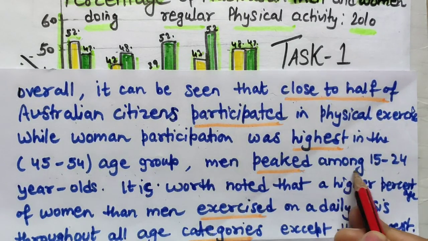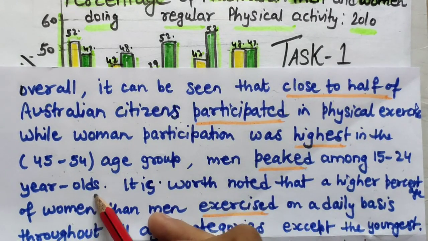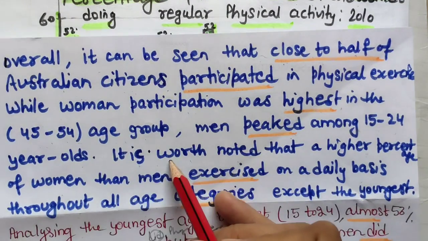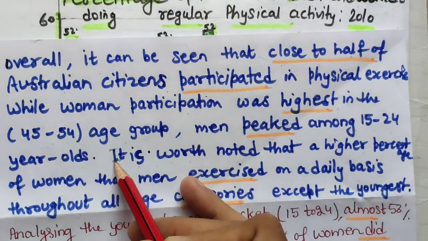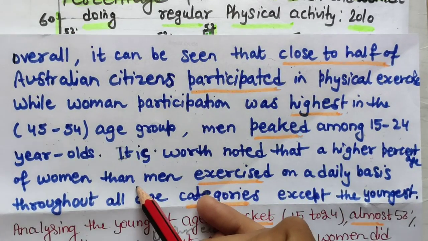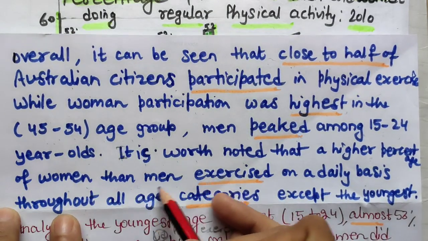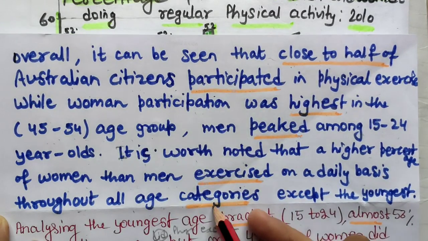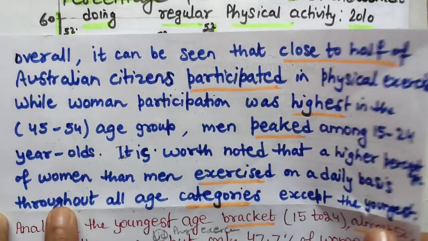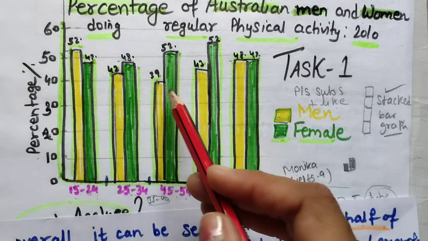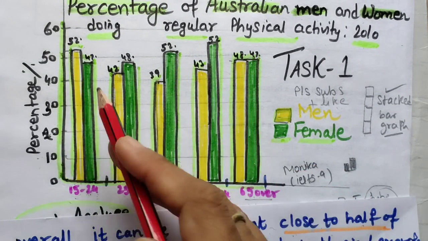Men peaked among 15 to 24-year-olds, in this first age group. It is worth noting that a higher percentage of women than men exercise on a daily basis throughout all age categories except the youngest one. See this, everywhere women are participating more as compared to men, except in this age group.